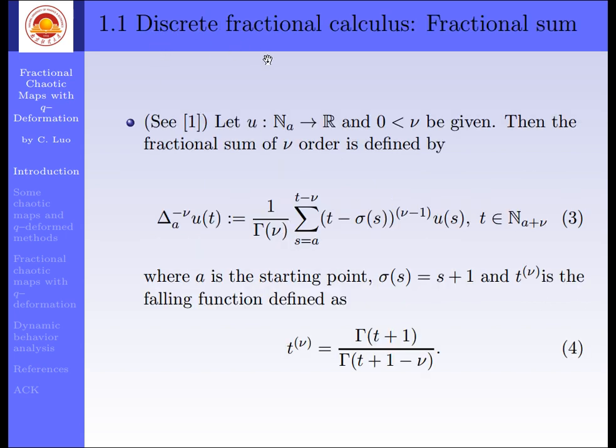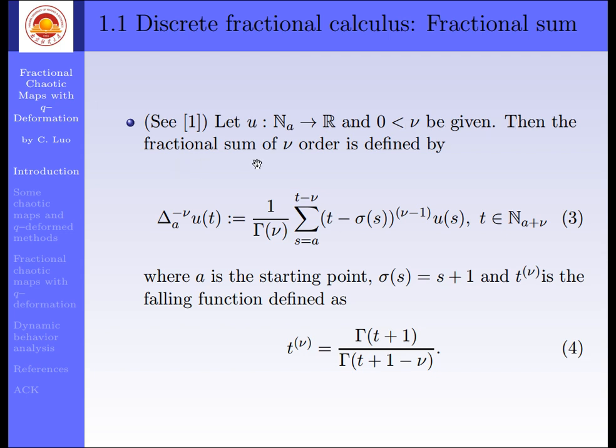For discrete fractional calculus, the fractional sum, we can see in reference 1 that u is a mapping from N_a to R and nu is greater than 0 be given.